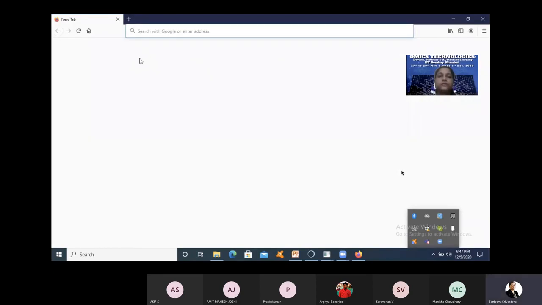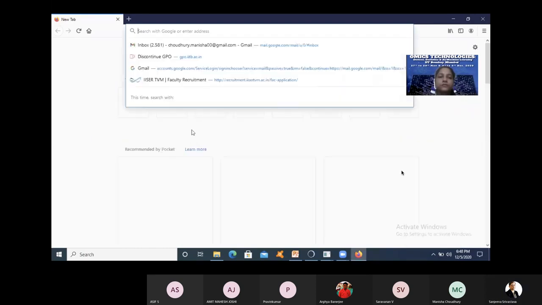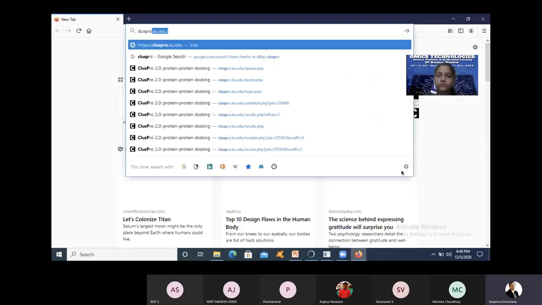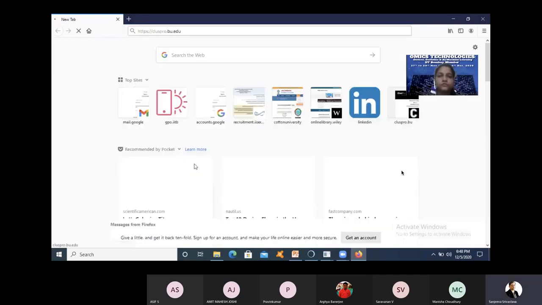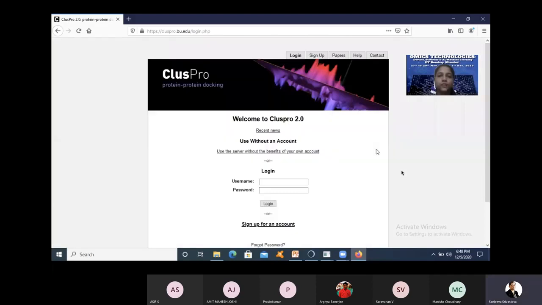If we just type in ClusPro, ClusPro is a software which is maintained by Boston University.